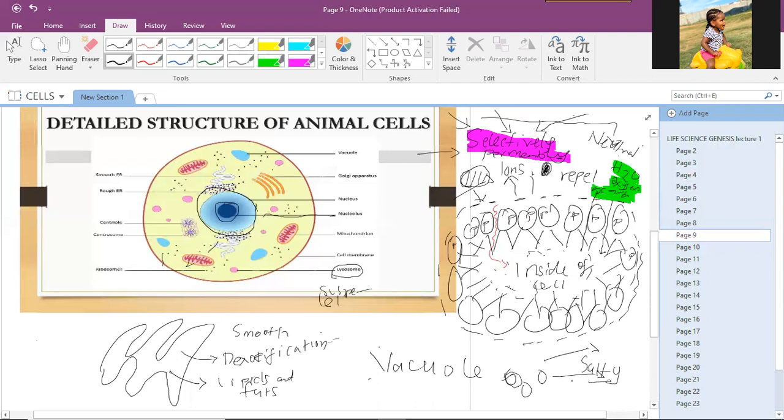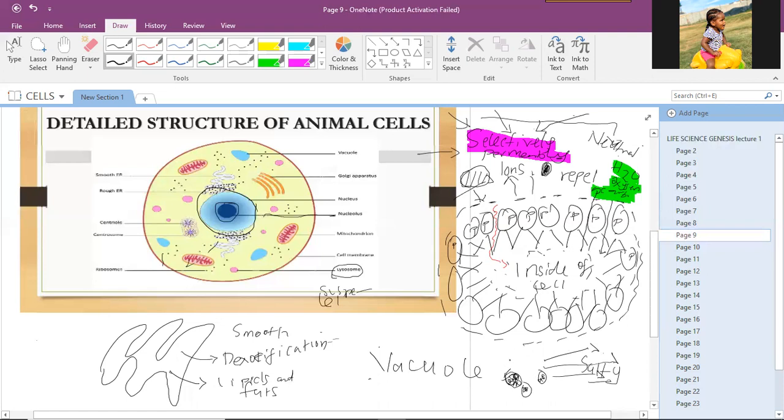We're going to talk about diffusion and osmosis in the next class. When these cells lose water via osmosis, they can shrink. So to prevent them from dying, they can also store some of the water and electrolytes in their small vacuoles. So a vacuole is also found in an animal cell.